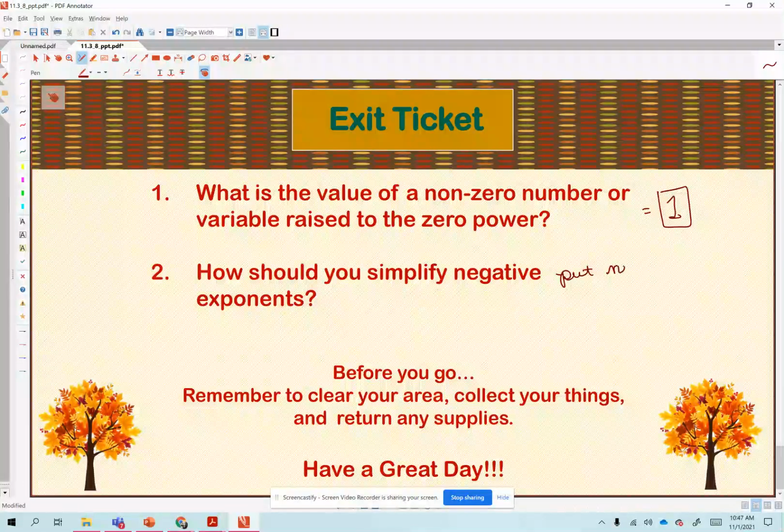Put negative exponent terms in a denominator. Make the exponent positive.